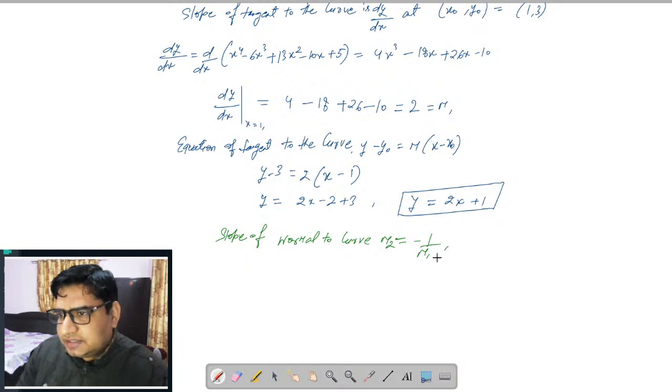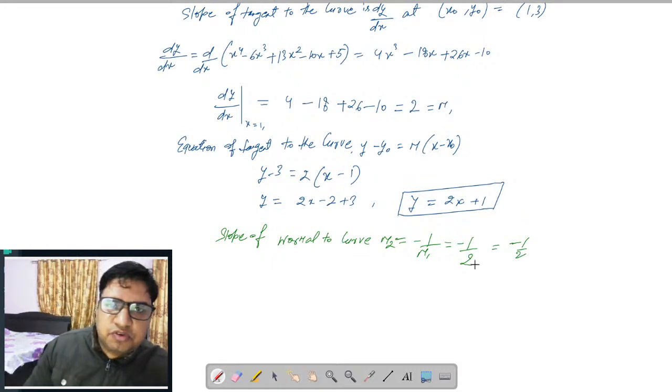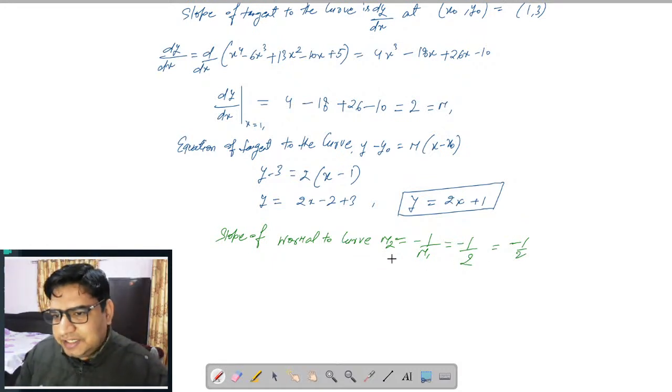So that should be minus 1 upon 2. So minus 1 by 2 is the slope of the normal to the curve.